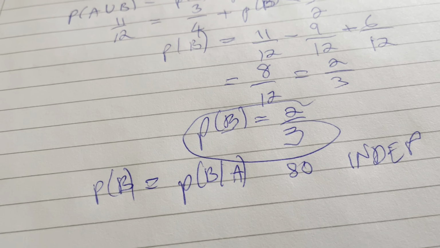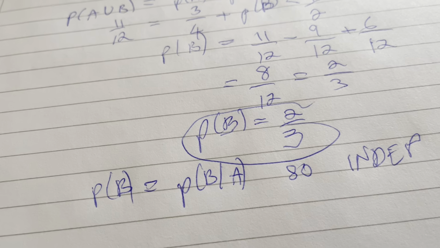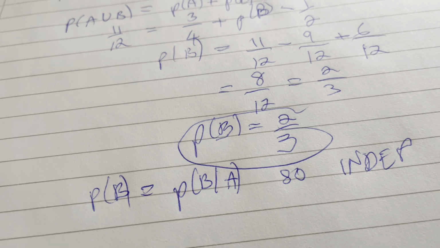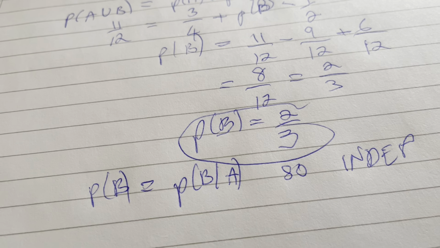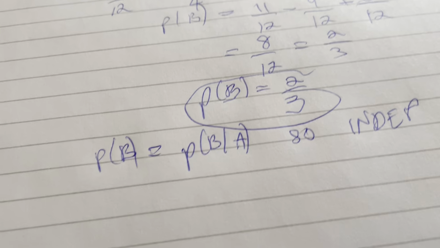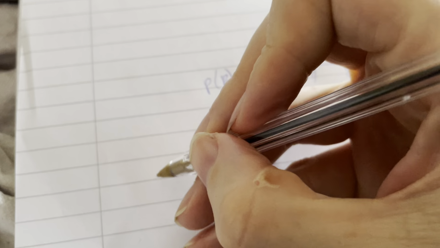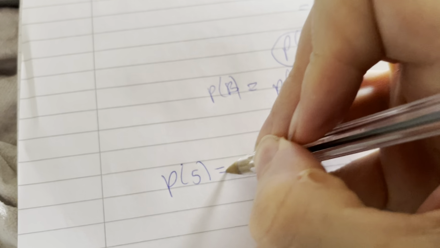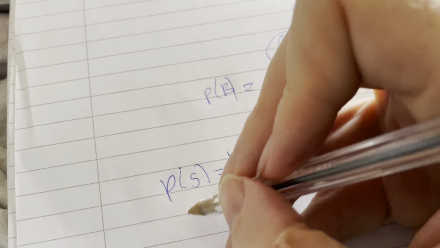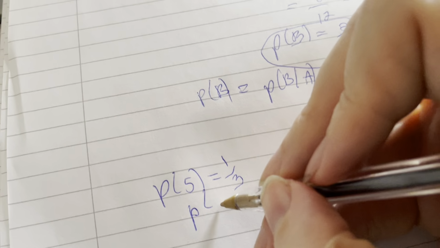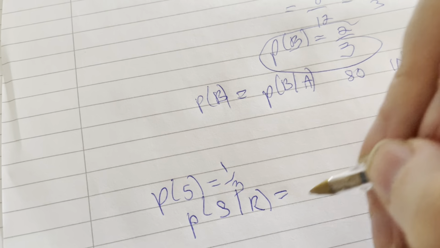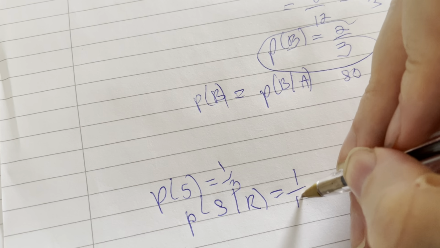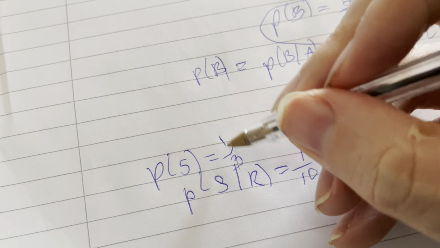Now, if the probability that it's raining is, say, 1/5, then the probability that I go swimming, given that it's raining, might be 1/10, while the probability that I go swimming is 1/3. So they're not equal.